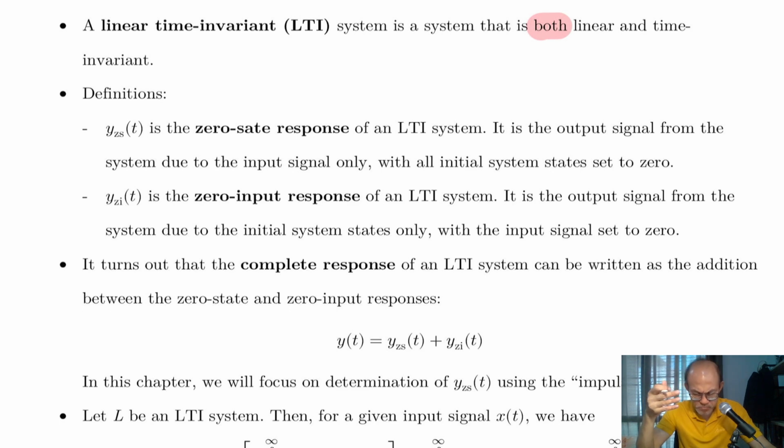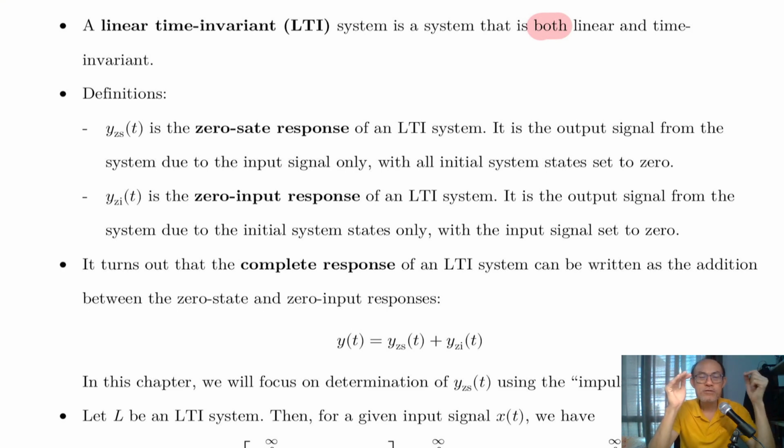A capacitor is capable of storing charges, and those charges stored in a capacitor result in a voltage potential difference across that capacitor. So before the input is applied, if you have a residual voltage across the capacitor, then that voltage before the input is applied is called the initial state of the system.